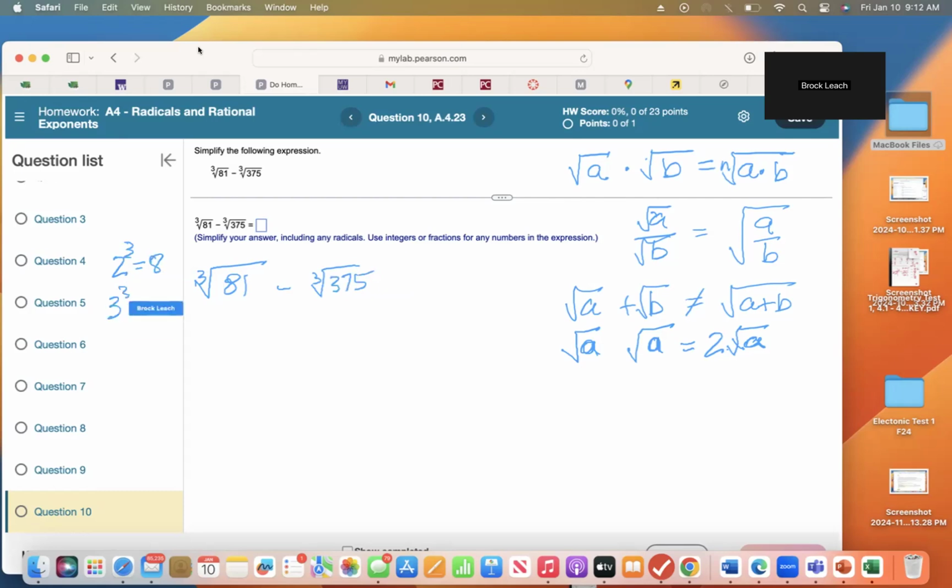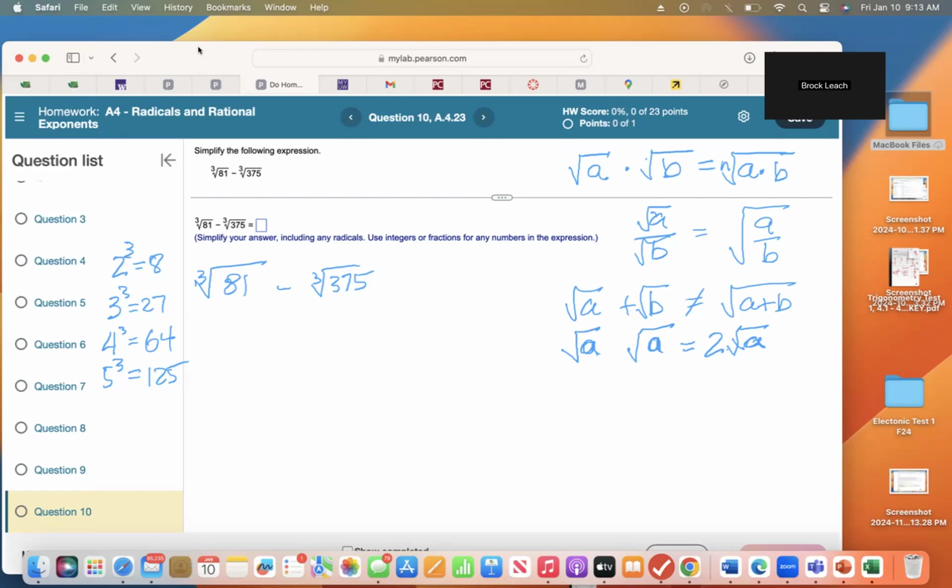3 cubed is 27. 27 actually does go into one of those 2. Which one does 27 go into? That's 64, 5 cubed. By the time you get to 5, it's usually bigger than your number. But 27 goes into 81 3 times.